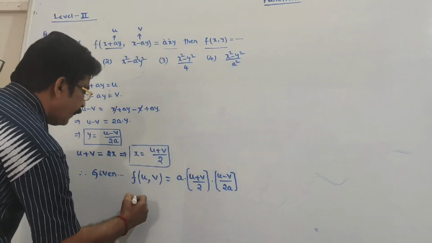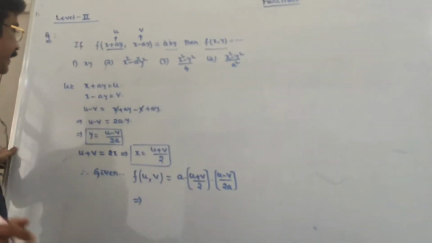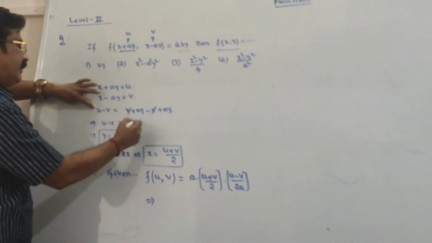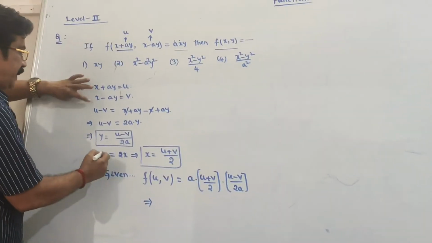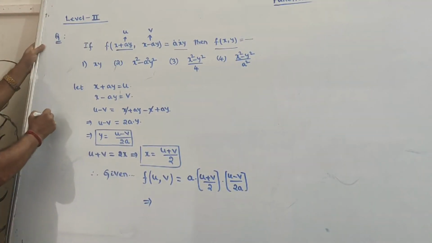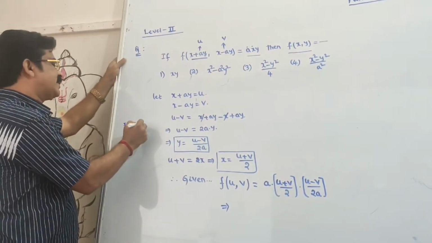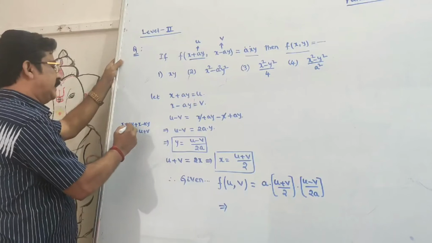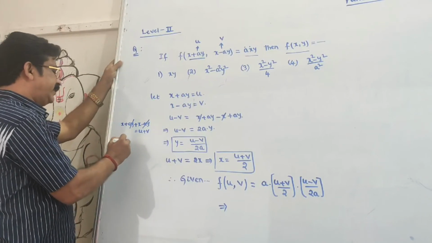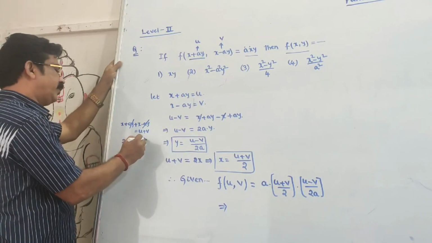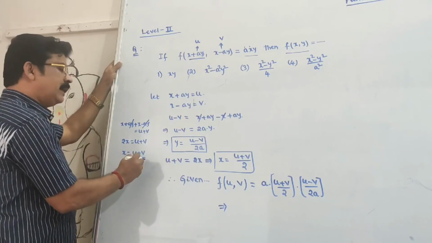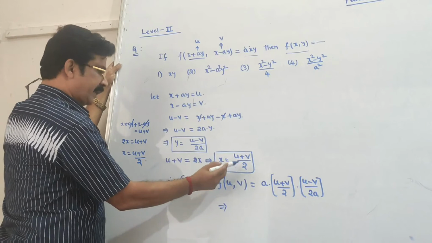Once again, u minus v means x is cancelled, 2ay, so y equal to (u minus v) by 2a. And u plus v means x plus ay plus x minus ay, so ay cancels, it is 2x equal to u plus v, then x equal to (u plus v) divided by 2. That's what I substituted here.